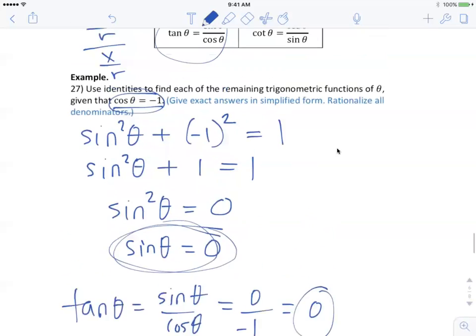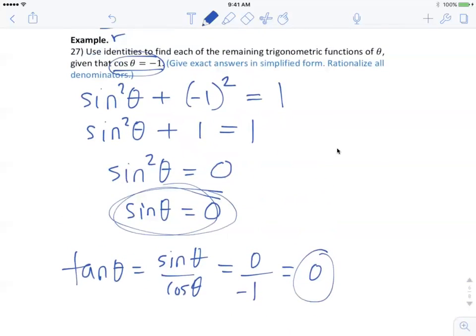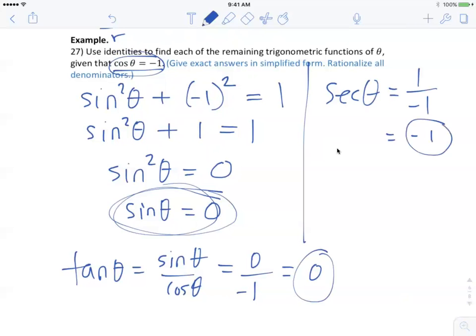Right, so tangent theta is 0. Okay, and now we have cosine, sine, and tangent. The other three are the reciprocal identities. So now just flip them all over. So secant is the reciprocal of cosine. So if cosine is -1, secant is 1 over -1, which is just equal to -1.